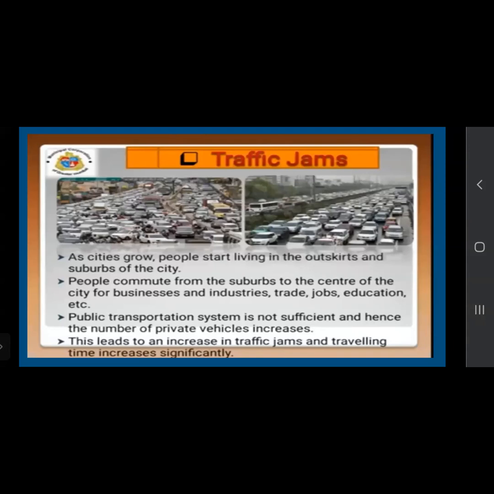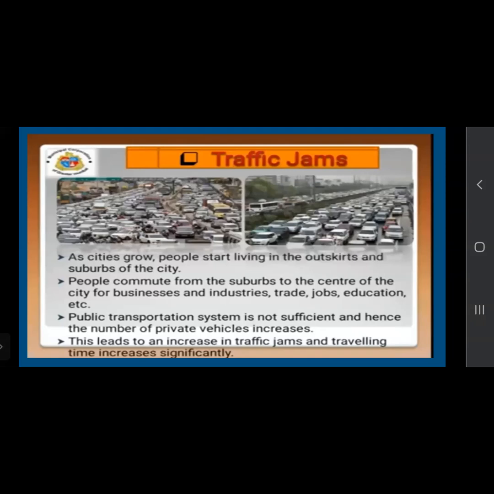The public transportation system is not sufficient, and hence the number of private vehicles increases. The public transportation, that is the buses and the railways, is not sufficient for the population. So what happens? The number of private vehicles increases.